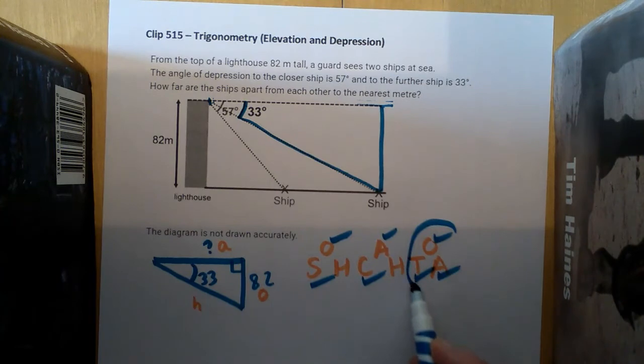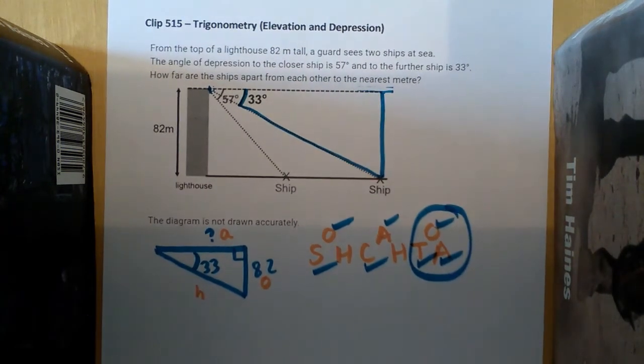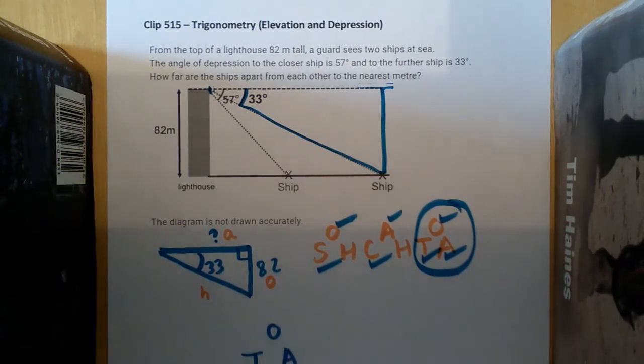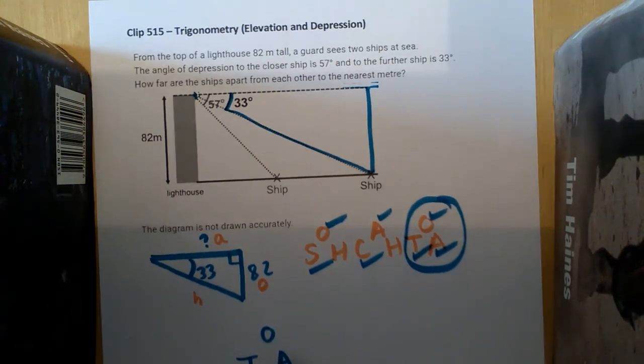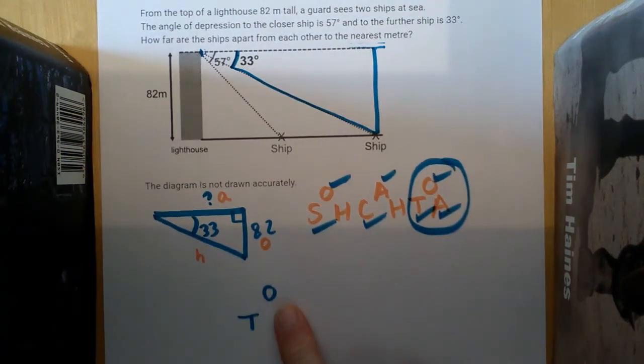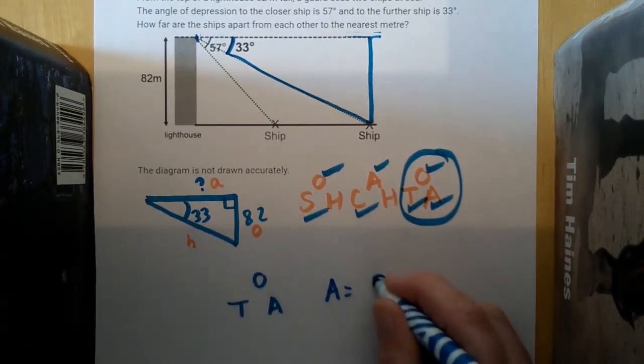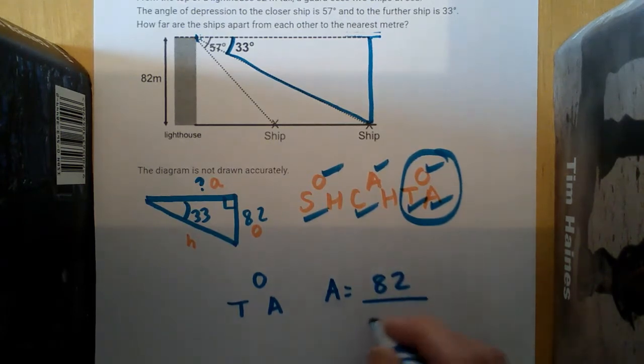The one that I've got all three things in is TOA, which is tan. So if I cover the A, that means to find the adjacent, I need to do the opposite divided by the tangent of the angle. So A is equal to the opposite, which is 82, divided by tan 33.